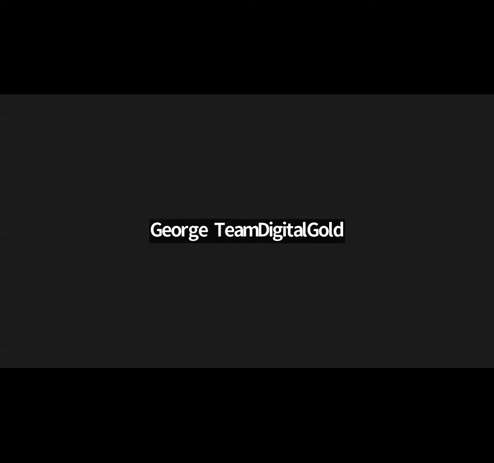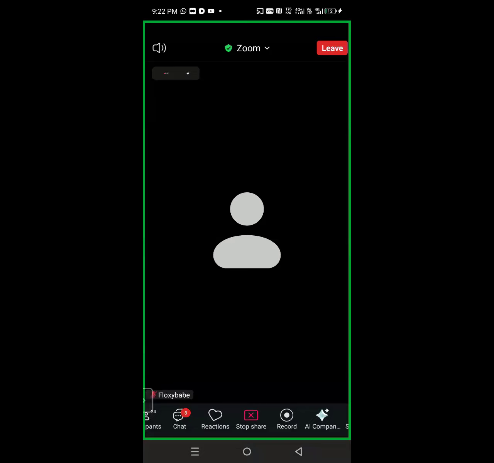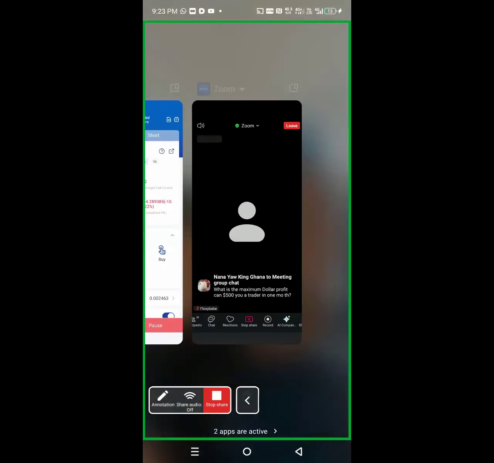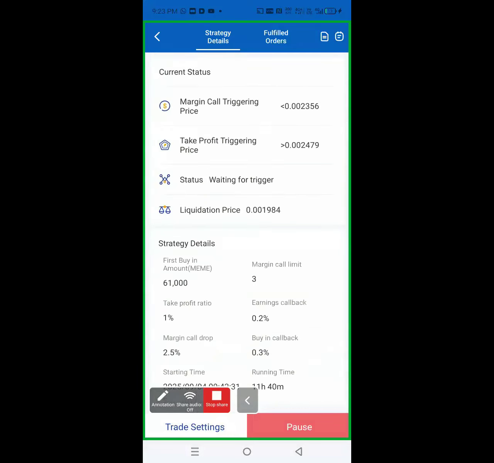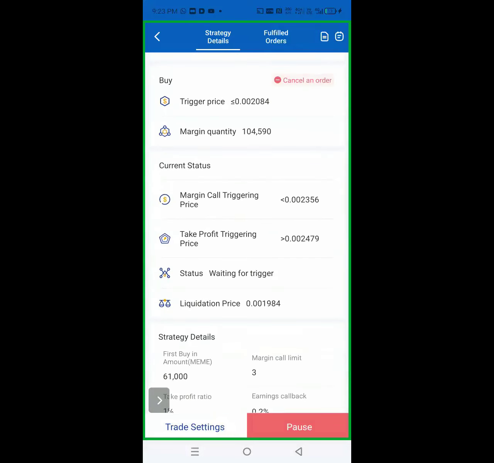Yes, the trigger price now. I put it based on my liquidation price. My liquidation price is 0.001984. So I decided to use 0.002084 because of what I explained yesterday, because of spike. So you should not put it closer to this 19.